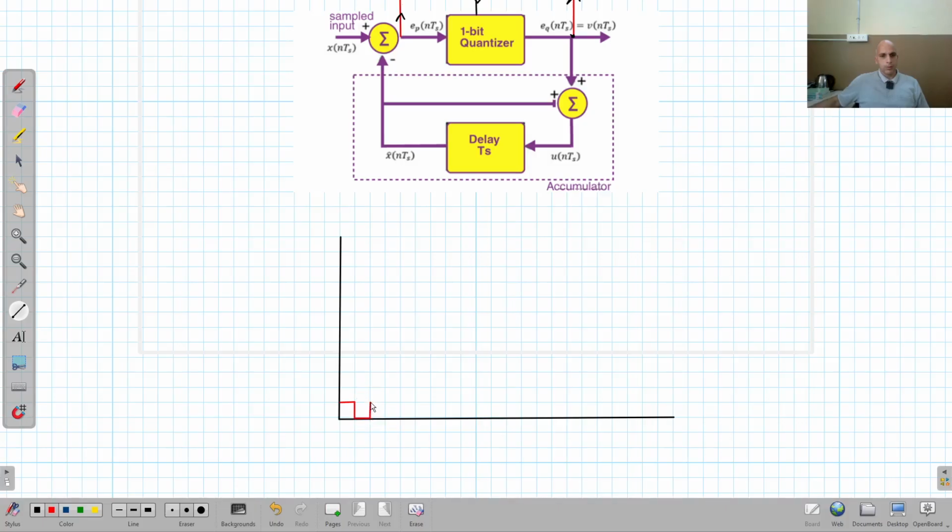This is the staircase waveform. Right, so now we will proceed step by step here.